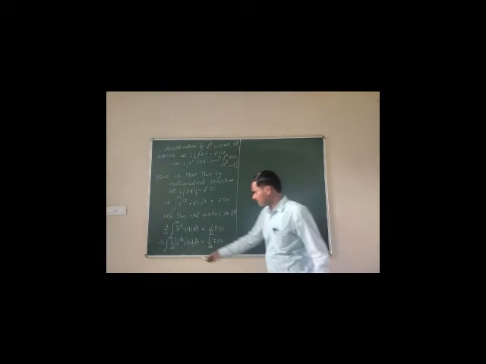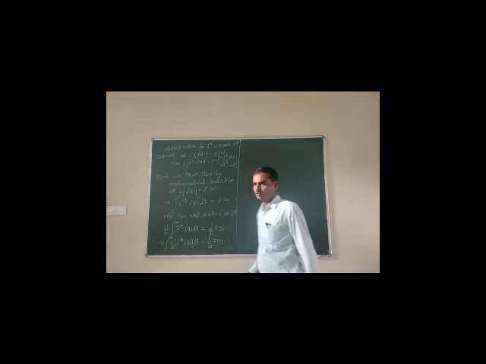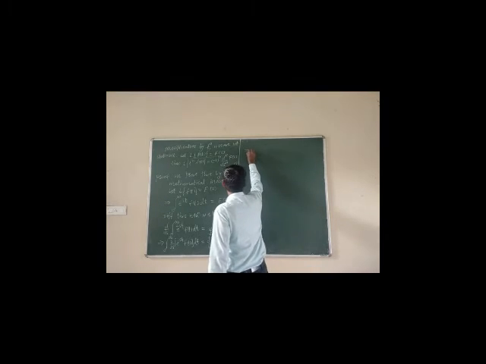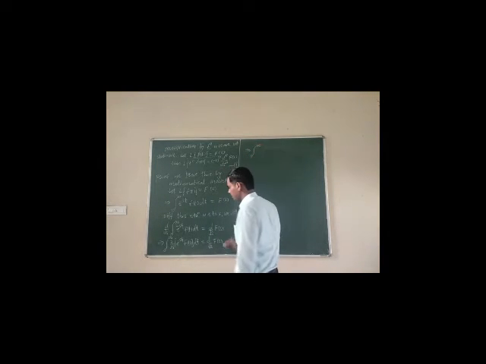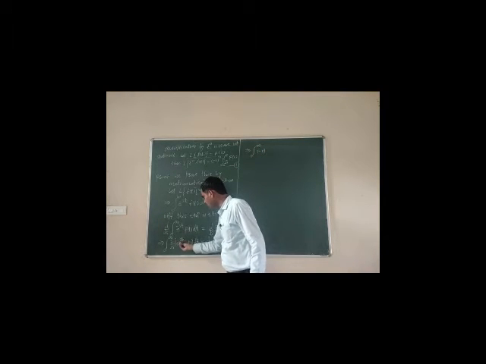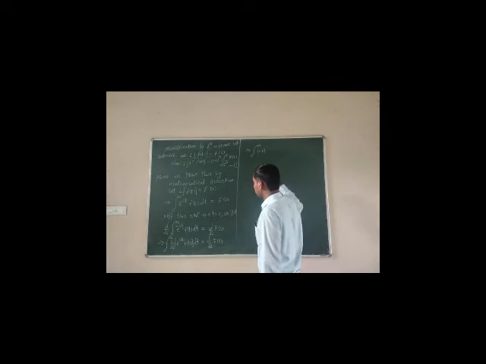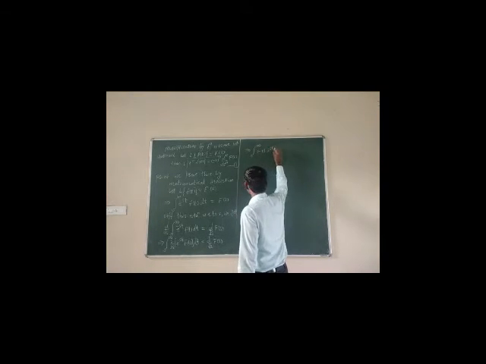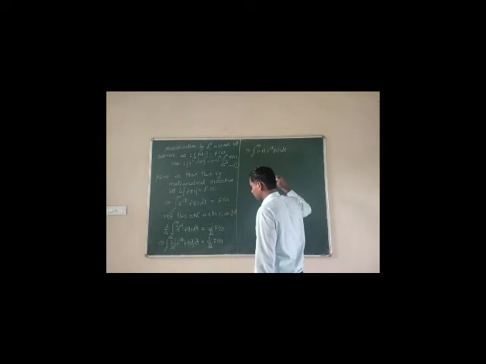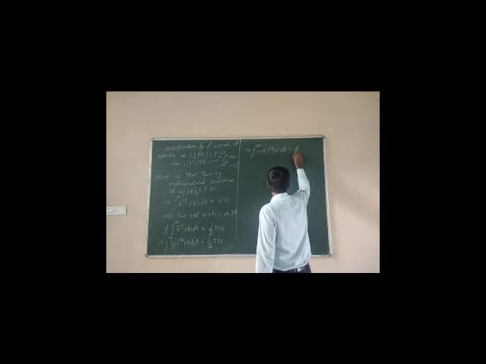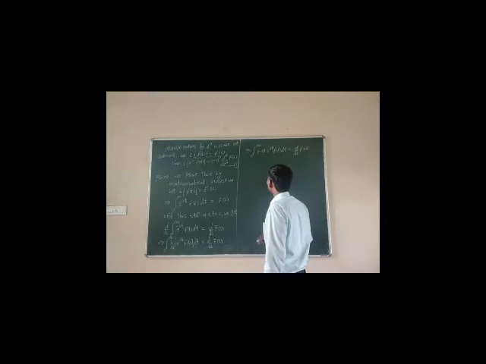So differentiate this term with respect to s. What do we get? This implies integration 0 to infinity, the derivative of minus st with respect to s is minus t, into the exponential term e to the power minus st f of t dt, that is equal to d/ds of F of s.